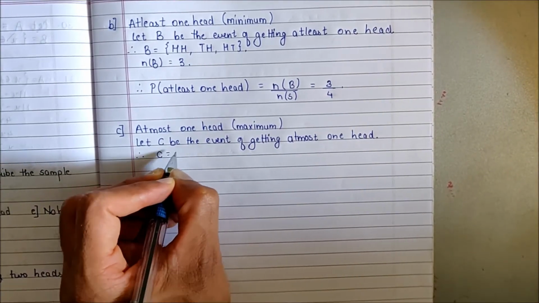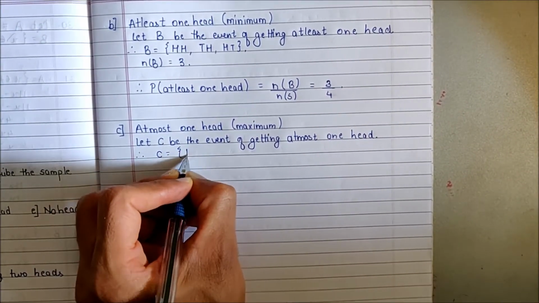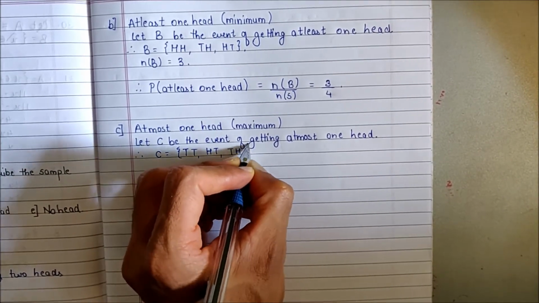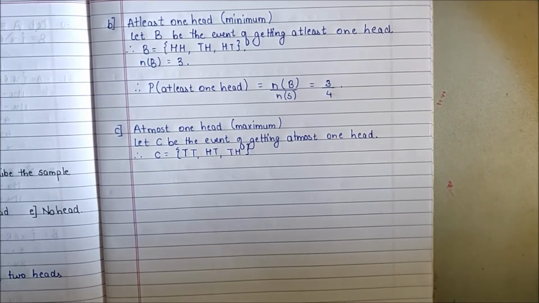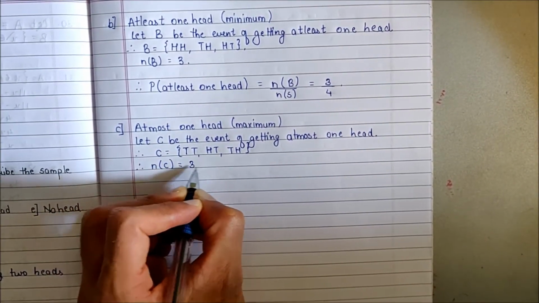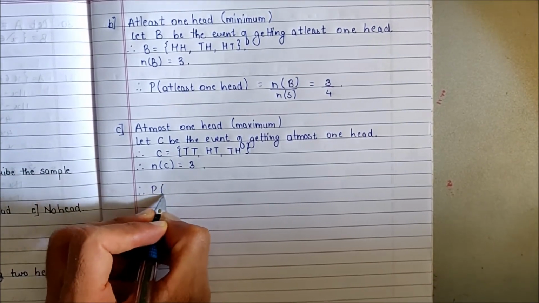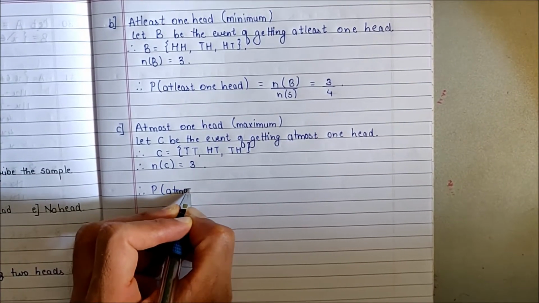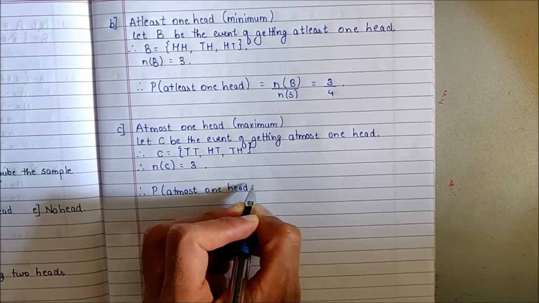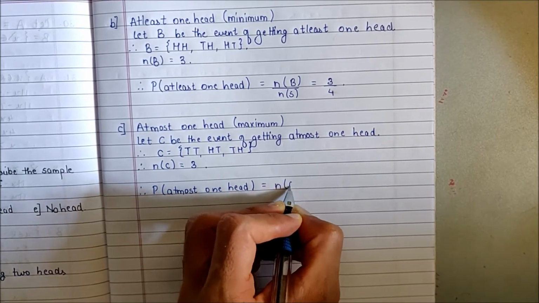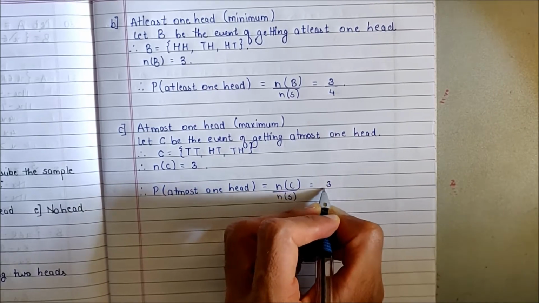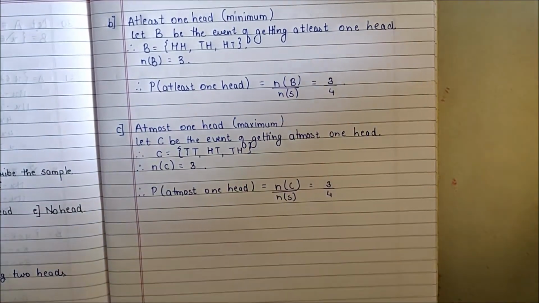Therefore C is equal to TT, HT and TH. Maximum one head should be there in your event. Therefore N of C is again equal to 3. Therefore the probability of at most one head is equal to N of C upon N of S, which is again equal to 3 upon 4.